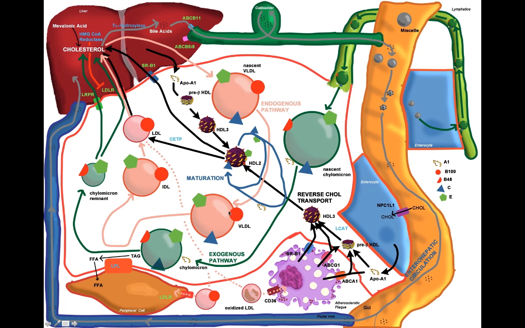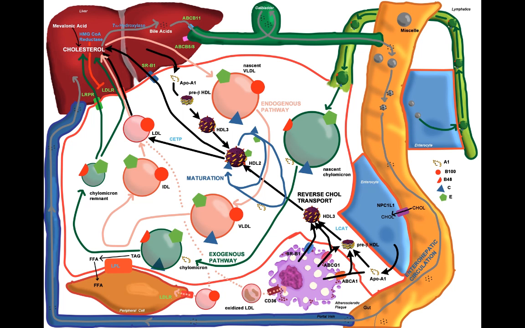So the VLDL, just like the chylomicron, comes along to the periphery and through the action of lipoprotein lipase releases free fatty acids for nutrition, and then gets turned into an intermediate density lipoprotein, and then finally low density lipoprotein, also containing ApoB100, shown here in red.